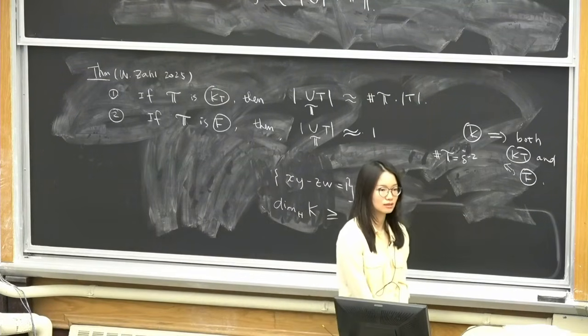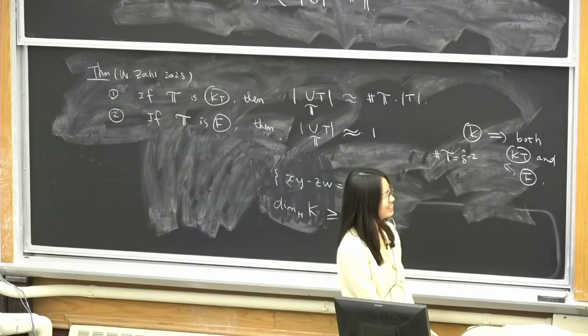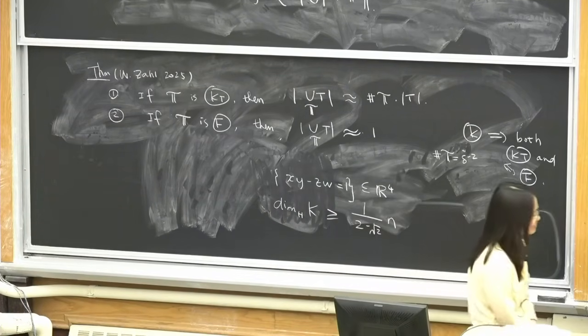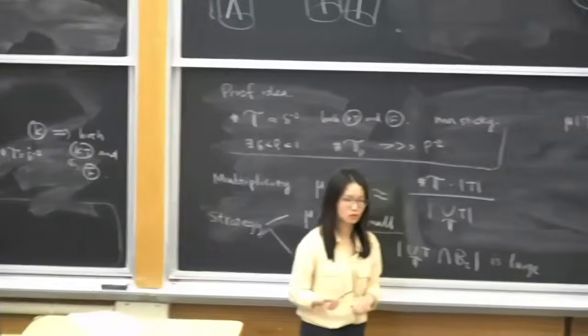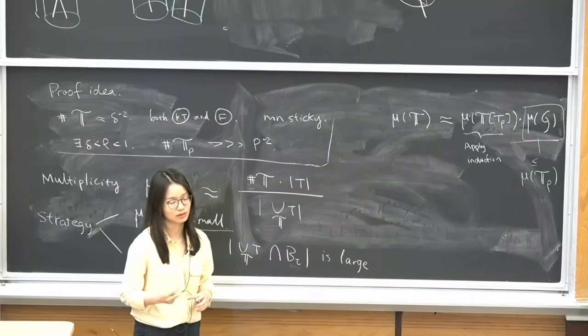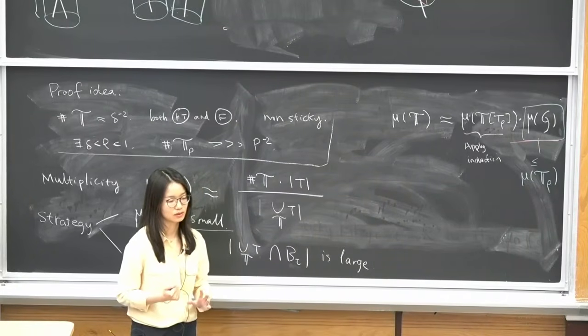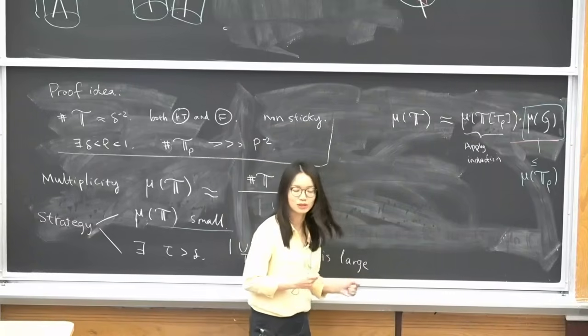What are the applications? Last year with Shukun Wu, we made a conjecture, which we call the 2n Furstenberg conjecture.